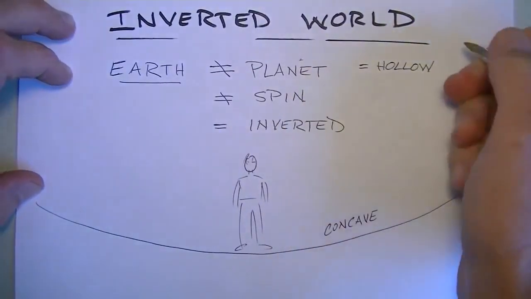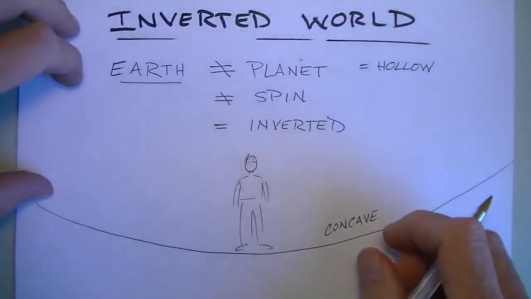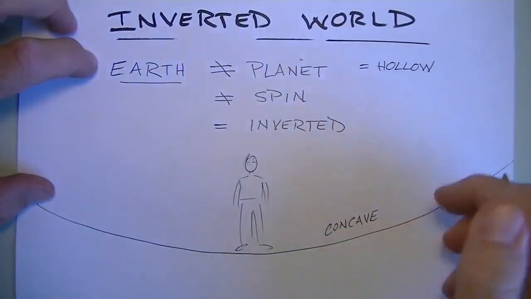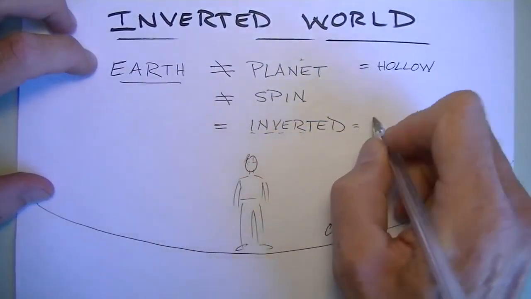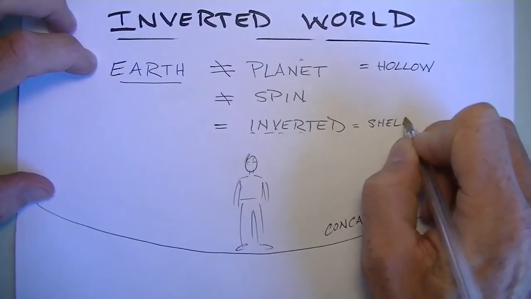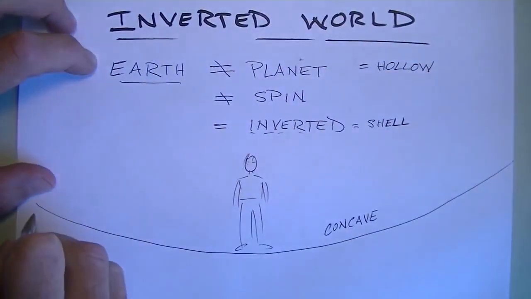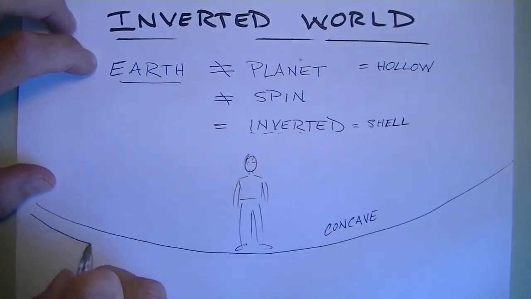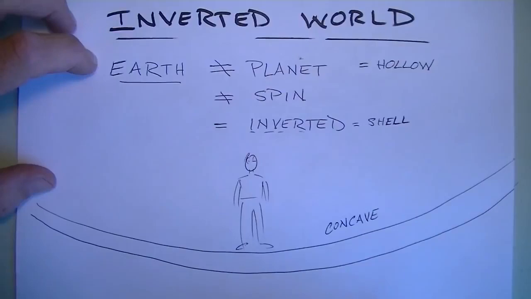However, it's not hollow in the way in which the more popular version of the hollow Earth theory is. Earth is a shell. It's just a shell. Okay? It's not solid. The shell, I'm not sure the thickness, but it's not very thick, I would imagine.